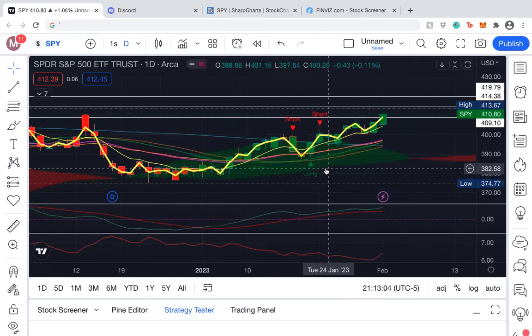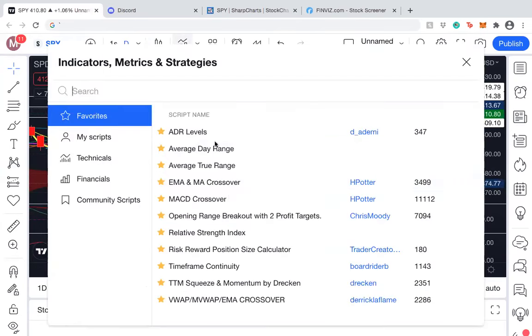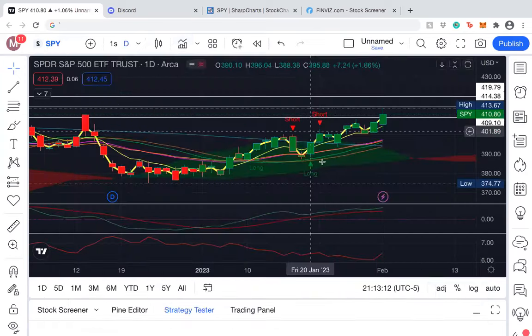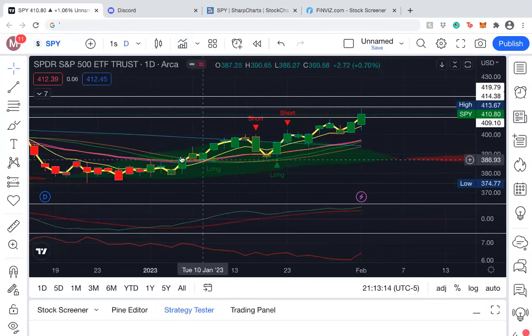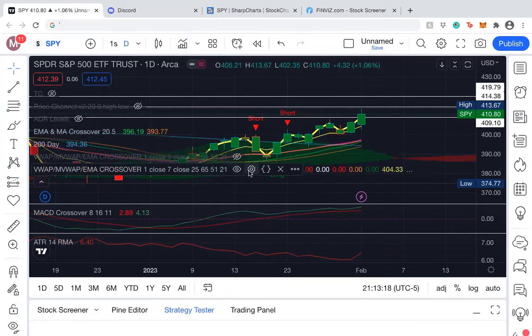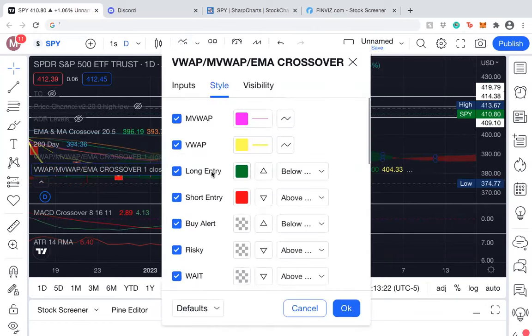But what this indicator is going to do, just like I said, it's just the basic one, right? The Derek LA Flame that I have on there, and it's going to give you the sell signals. And you go to this little icon here in TradingView, right? And you see your settings, and you can color code this however you want, right?